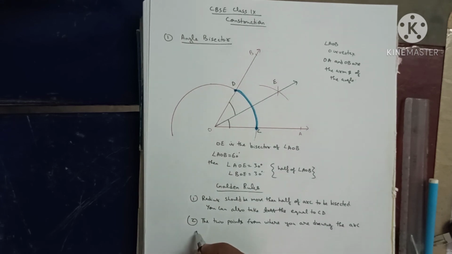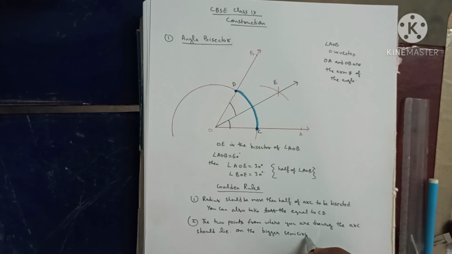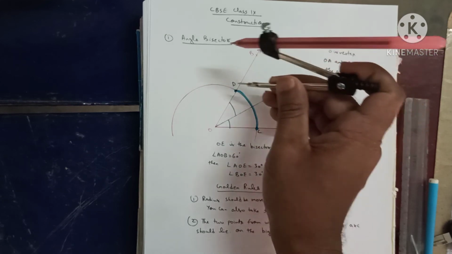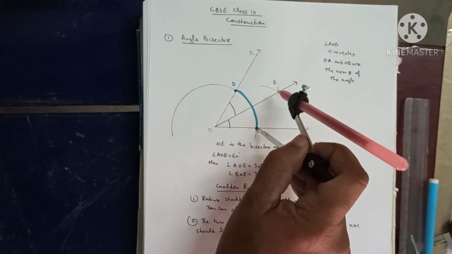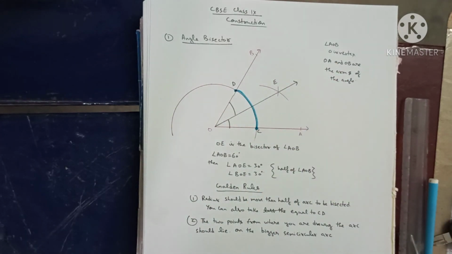Here point C and point D both lie on the bigger semicircular arc, and the radius which you have taken, keeping them as centers, is more than half of CD. Hope you have understood how to draw the angle bisector.